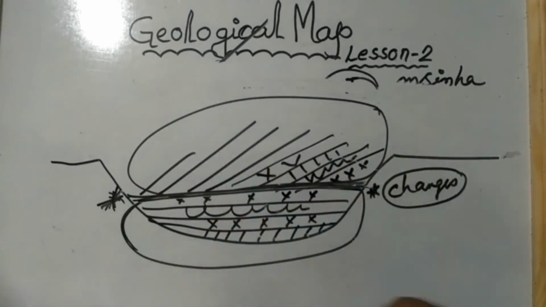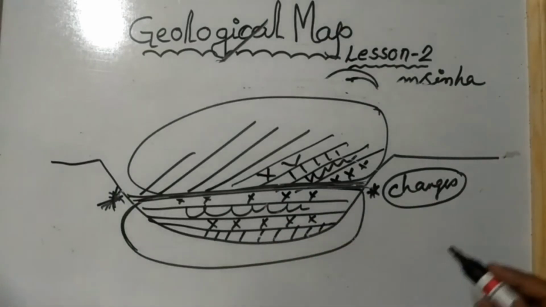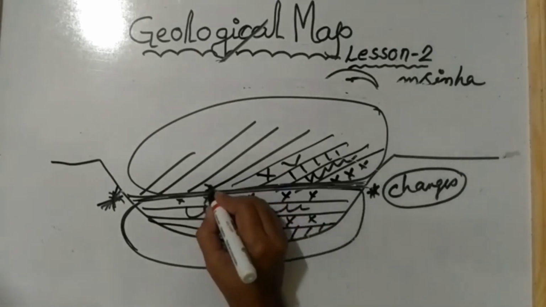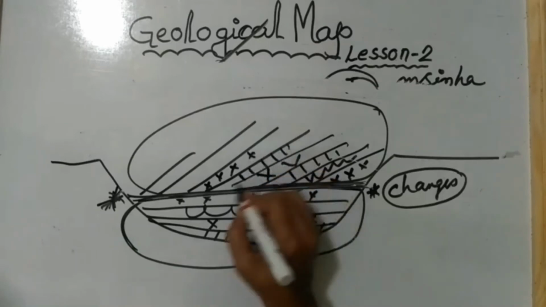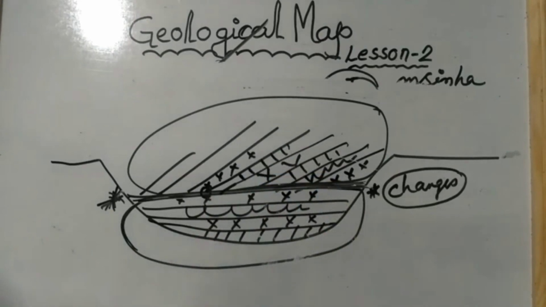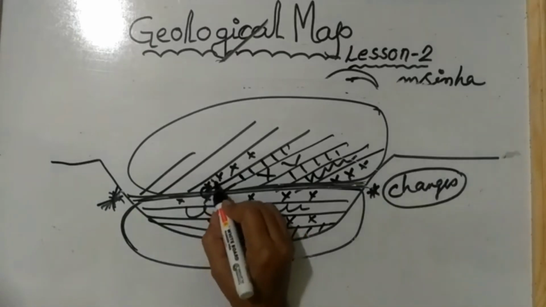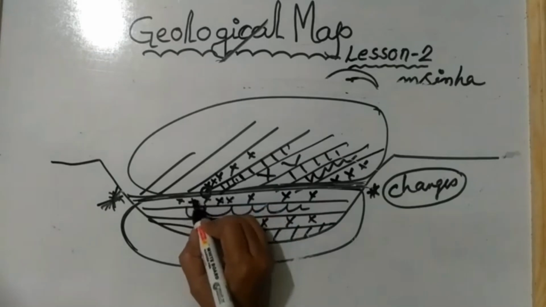So how do you identify the differences? Normally, the conformity or unconformity point is identified by the triple point junction. Suppose this is bed 1 and this is bed 2. You identify that point. Three beds are there: the upper bed, the middle bed, and the lower bed.